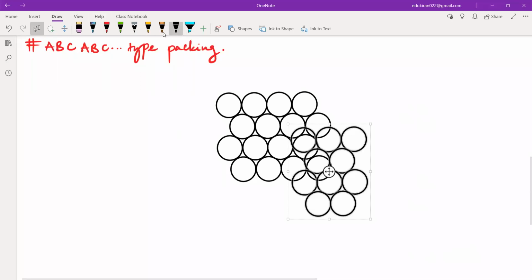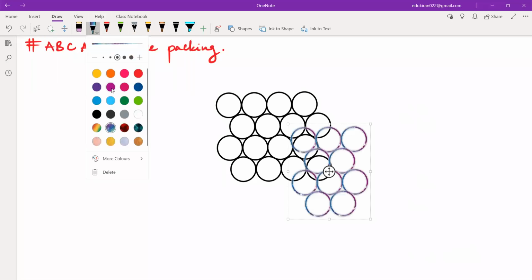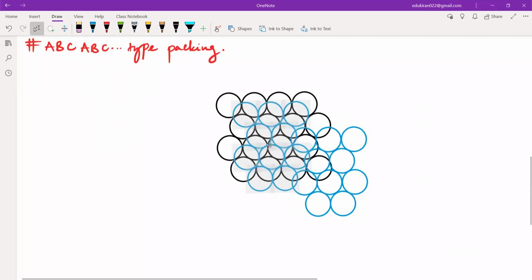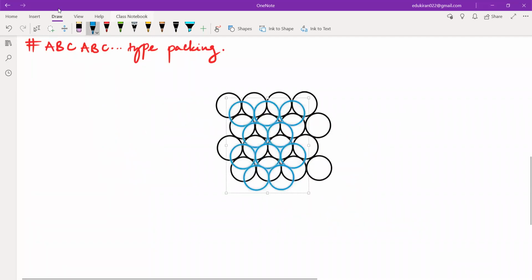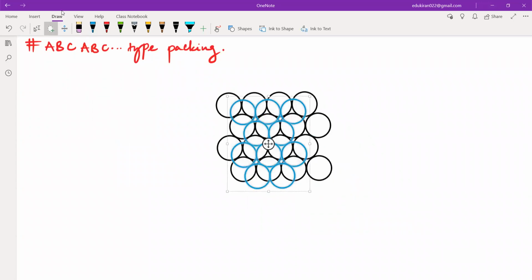And blue atoms, right? Now what I need is a third layer, that is green one.